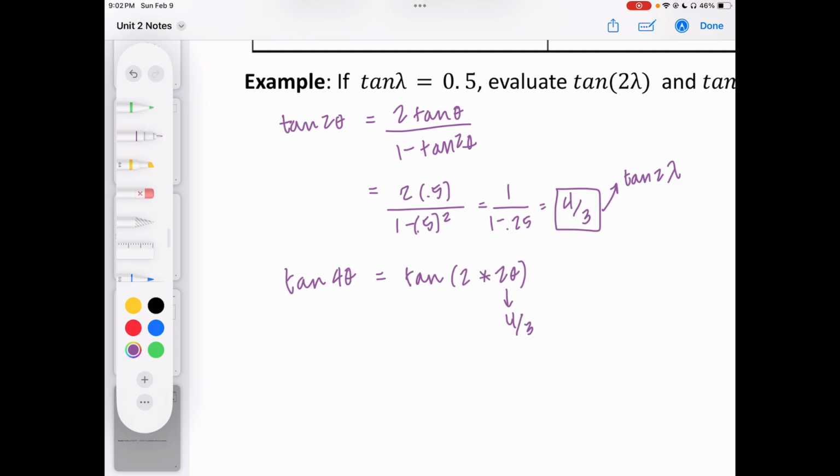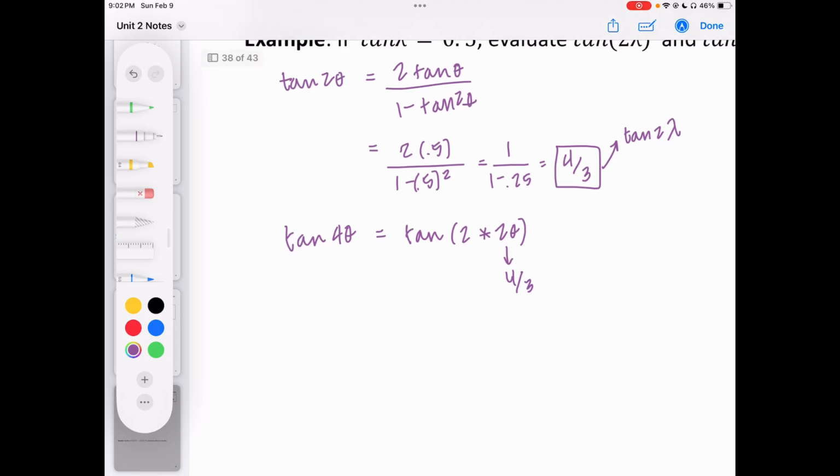So if we want tangent of 4 theta, what we really want is 2 times tangent of 2 theta over 1 minus tangent squared of 2 theta, which we already have. We found this just now. So all we need to do is plug in 4/3 and we can find that solution.